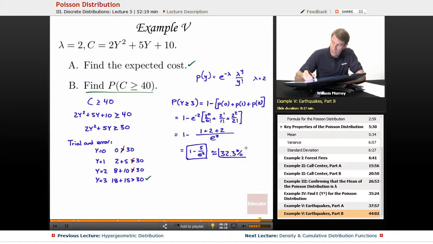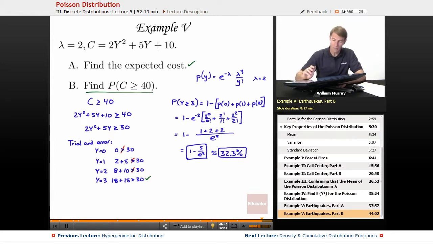So if I budgeted $40 million for earthquake repair in California, and I'm worried about the prospect of going over budget, I should be worried because there's a little more than 30% chance that I will have more than 3 earthquakes, which means that I will end up spending more than $40 million on earthquake repair.